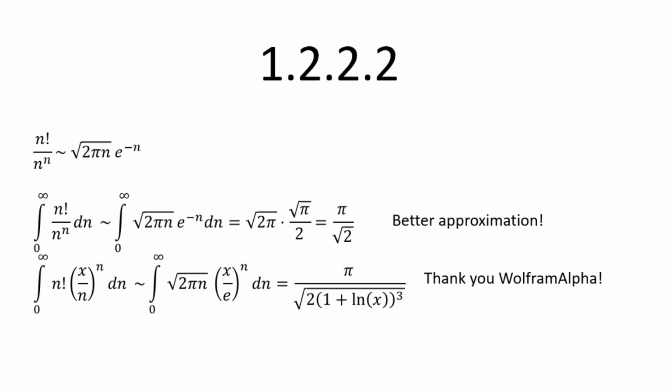And as this is a better Stirling approximation, it also better approximates the integral of n factorial over n to the power n from 0 to infinity. Now, of course, here we do have the trouble that we can't set a limit to an arbitrary value, but have to use 0 for the beginning.